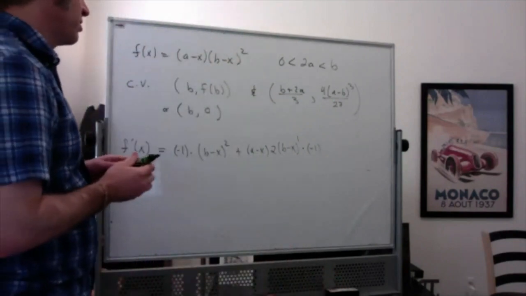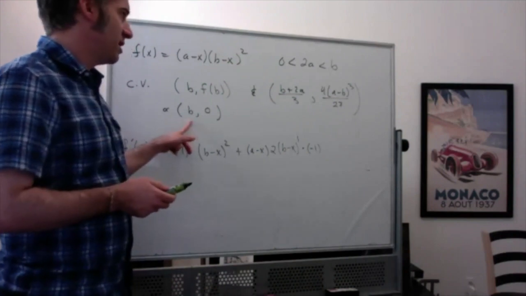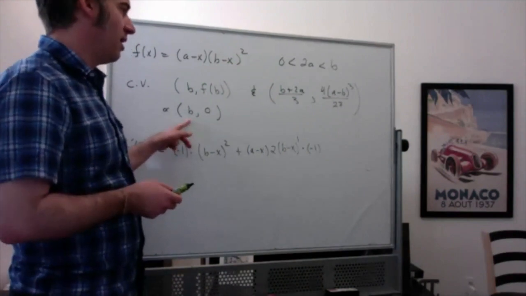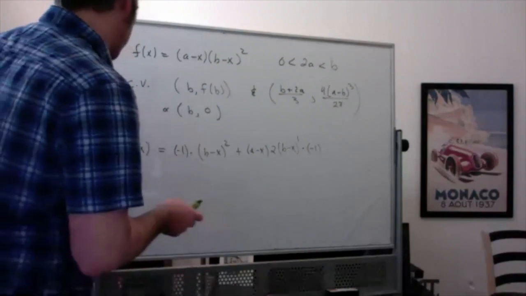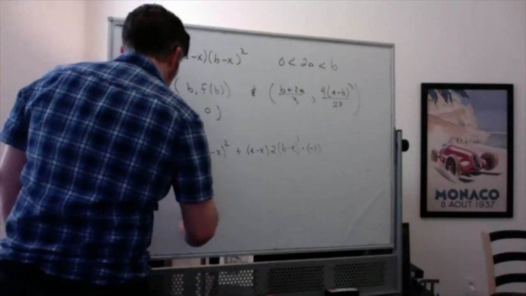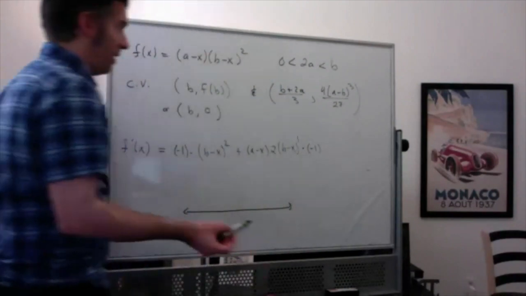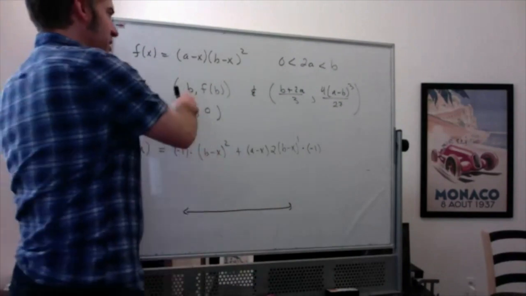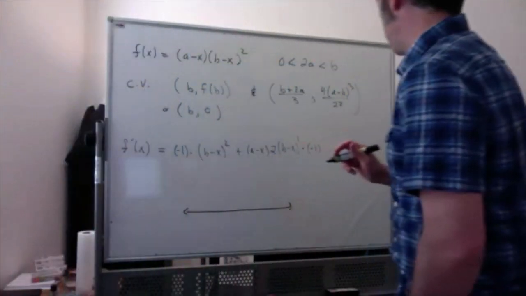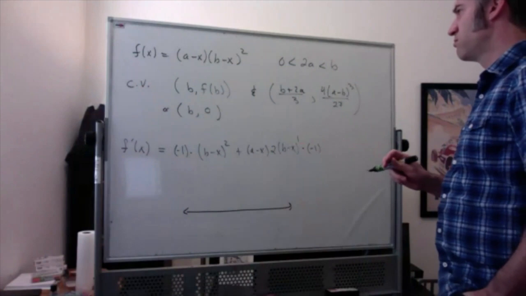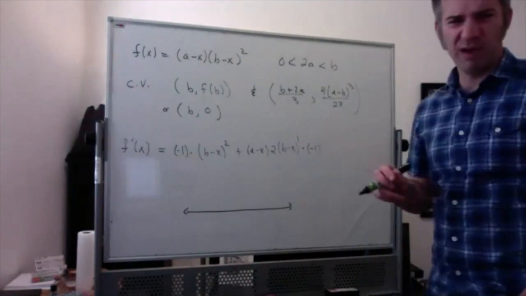So I want to put these critical values on my number line. b and b plus 2a over 3. Which one's bigger?